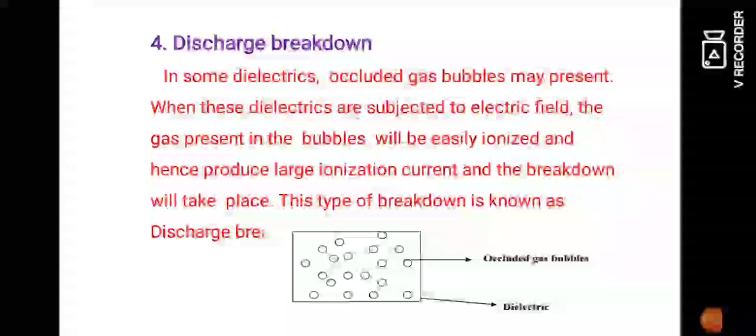This type of breakdown is known as discharge breakdown. This mainly occurs during manufacturing of the dielectric materials, so that sometimes due to these gas bubbles, the dielectric material may conduct electricity or heat.